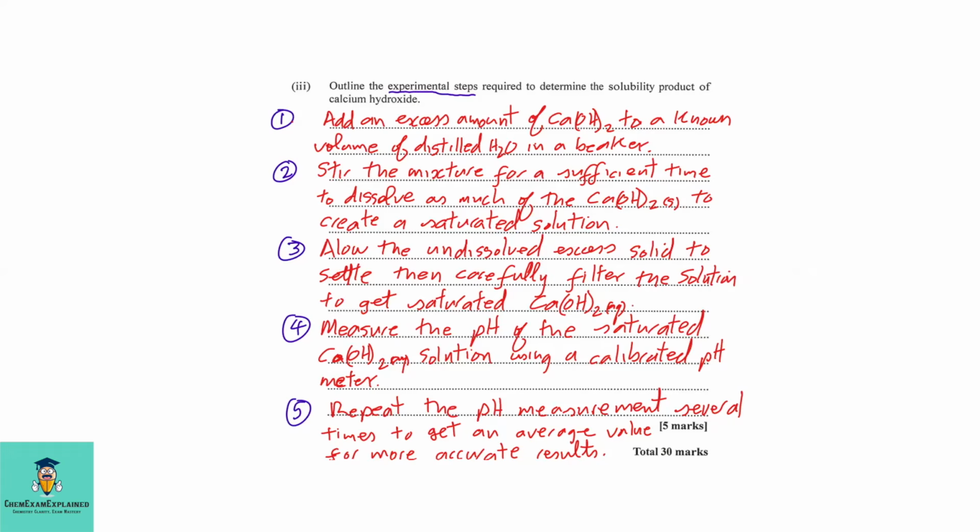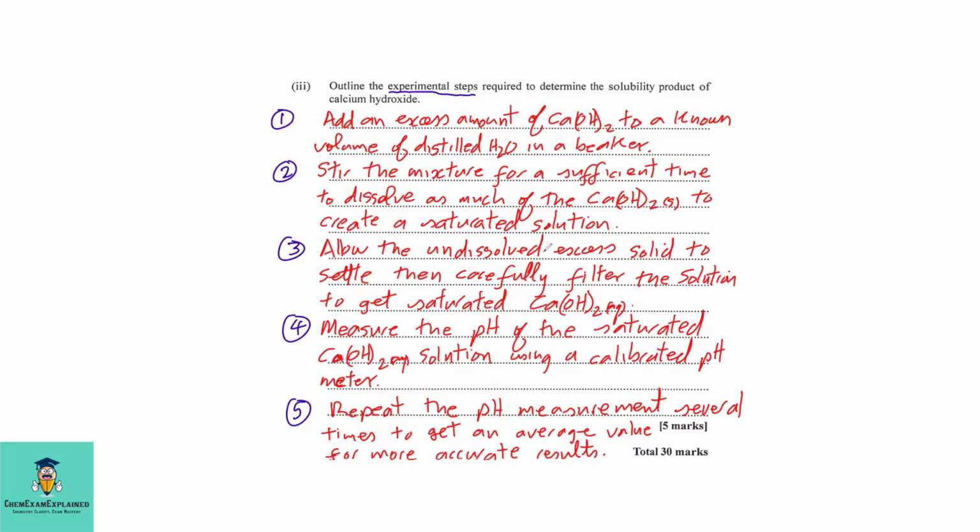So let's go. 1. Add an excess amount of calcium hydroxide to a known volume of distilled water in a beaker. 2. Stir the mixture for a sufficient time to dissolve as much of the calcium hydroxide as possible to create a saturated solution. 3.